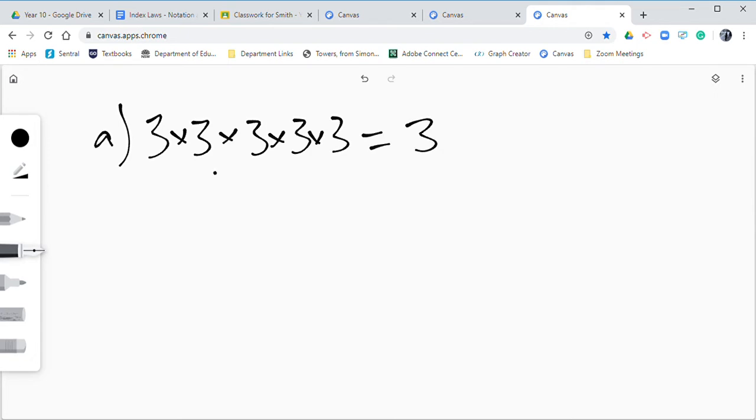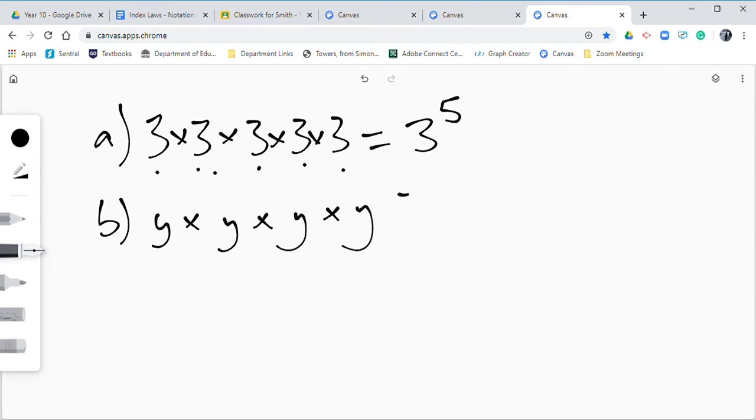Then, how many times do you multiply them together? 1, 2, 3, 4, 5, and that'd be 3 to the power of 5. Similarly, if I gave you y times y times y times y, your base would be y, and your exponent would be 1, 2, 3, 4, so y to the power of 4.